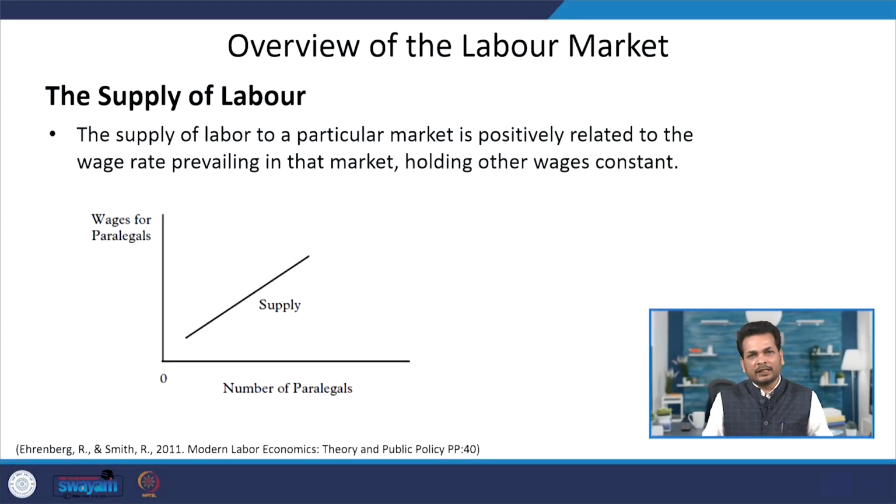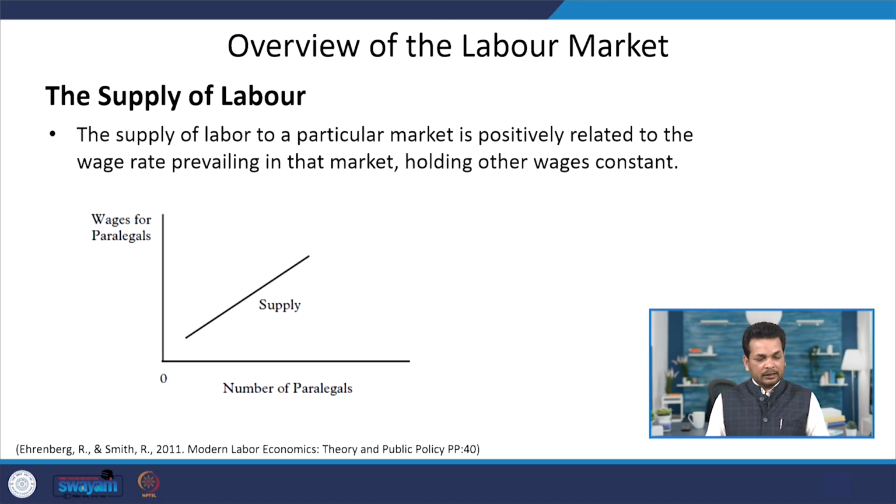So, the supply of labor to a particular market is positively related to the wage rate prevailing in that market, holding other wage rates constant. Here we have taken the wages for the paralegals, the legal assistants. The occupation we have considered here is the paralegals, the legal assistants, and the industry of the paralegals.